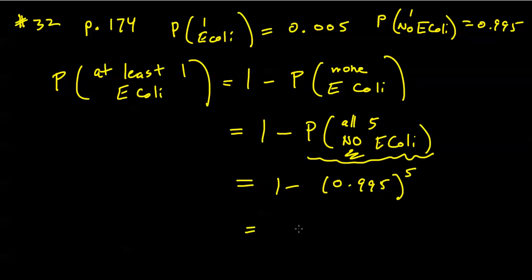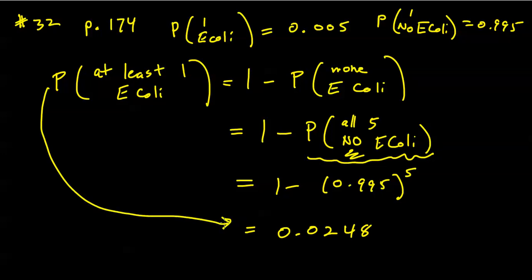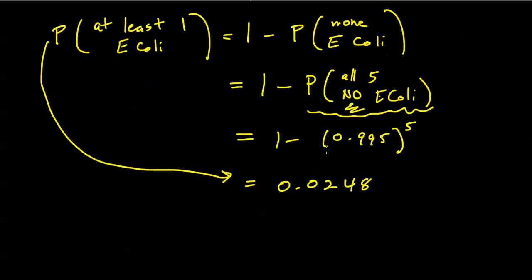Okay, I can punch this out, 1 minus 0.995 to the 5th power, and I get 0.0248. So the probability in this sample of 5 pools that at least one of them has E. coli is going to be 0.0248.